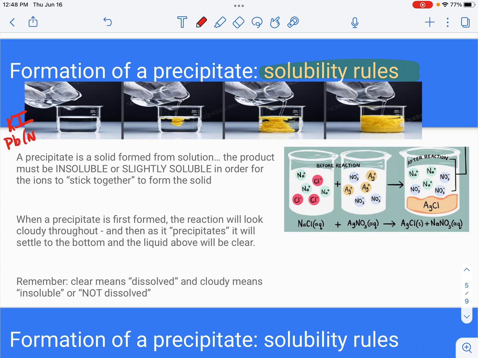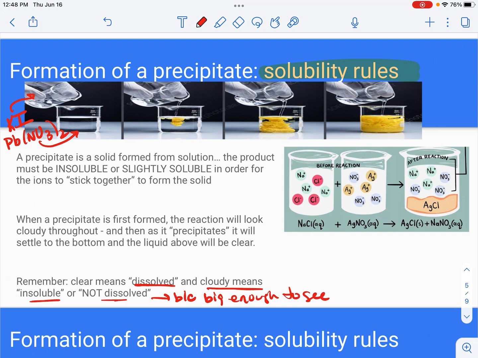Okay, so one of these would be in the top beaker, one would be in the other beaker. Notice that they're both clear and colorless and definitely dissolved. Remember that clear means dissolved or soluble and cloudy means insoluble or not dissolved. So anytime something's cloudy, you're actually seeing the particles. And the particles are big enough to see, which means they're not dissolved.